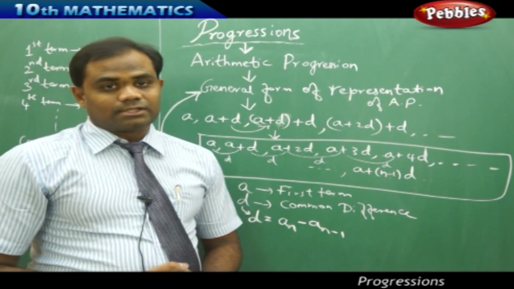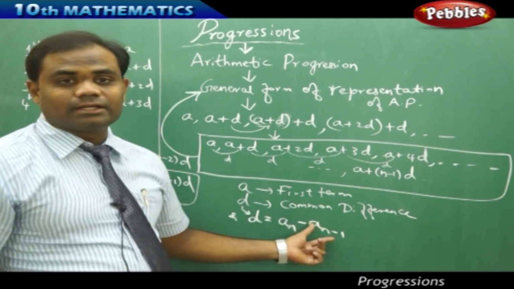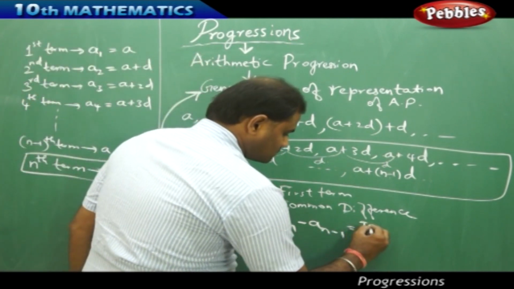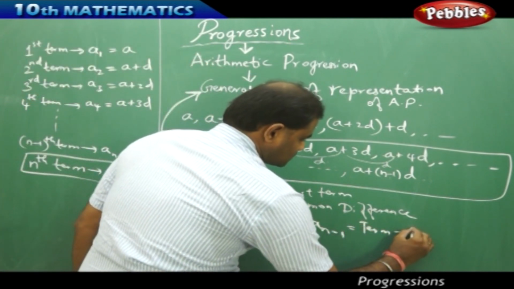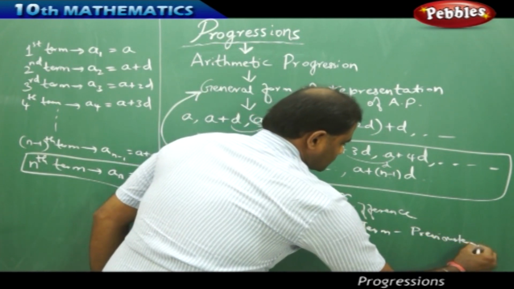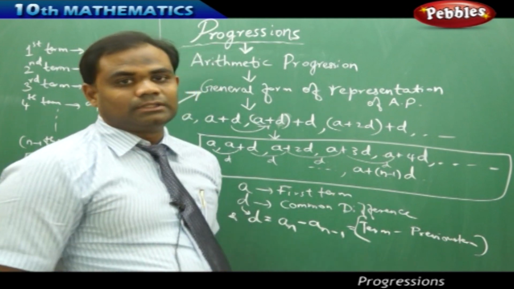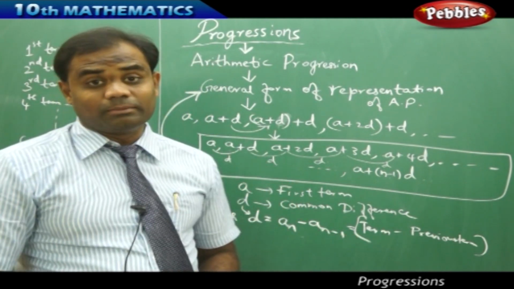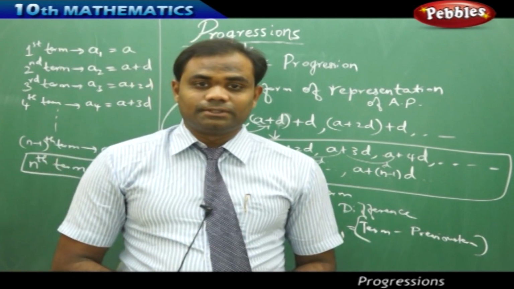The common difference is given as the term minus its previous term. Can also be read as term minus immediate previous term. The successive previous term is how I get the formula for the common difference d.